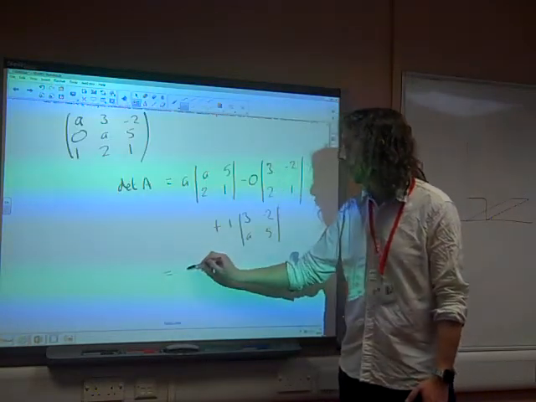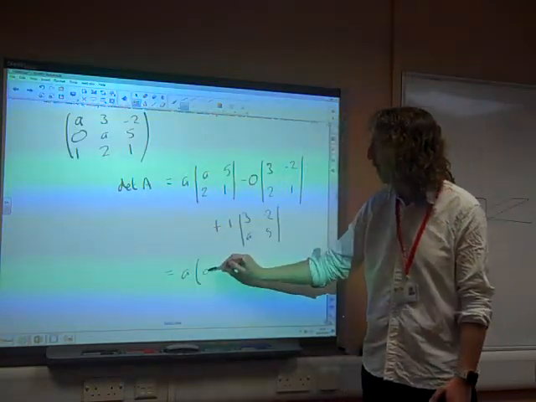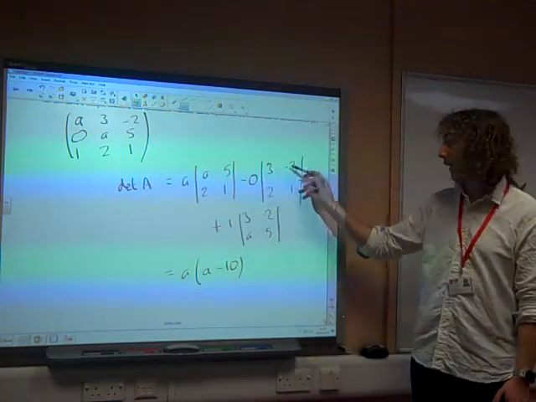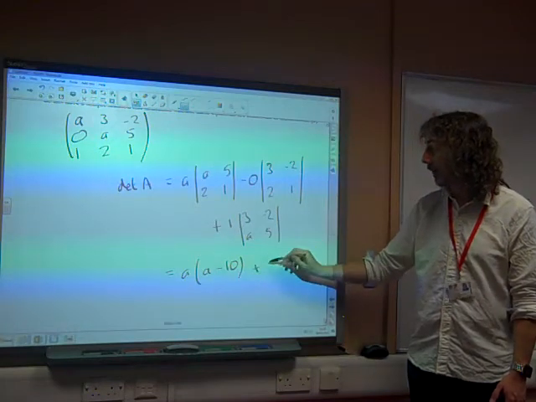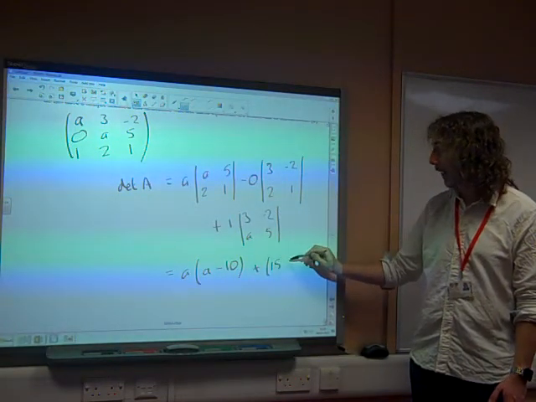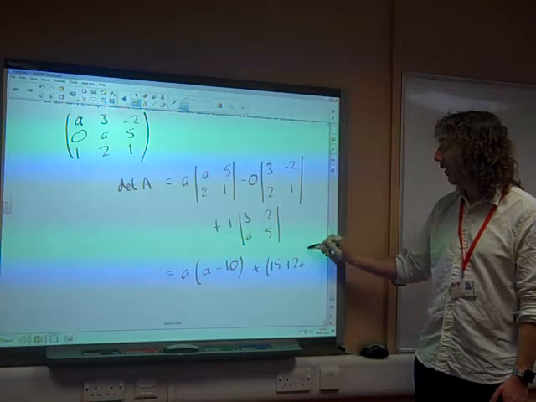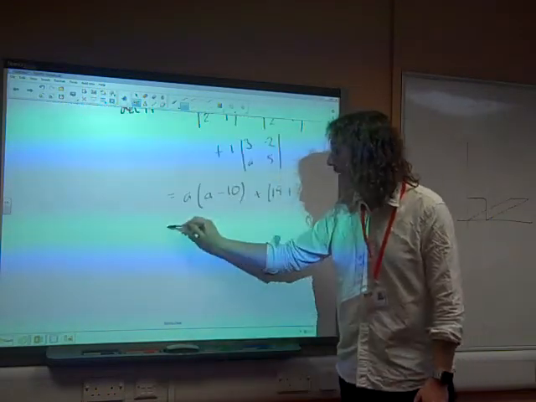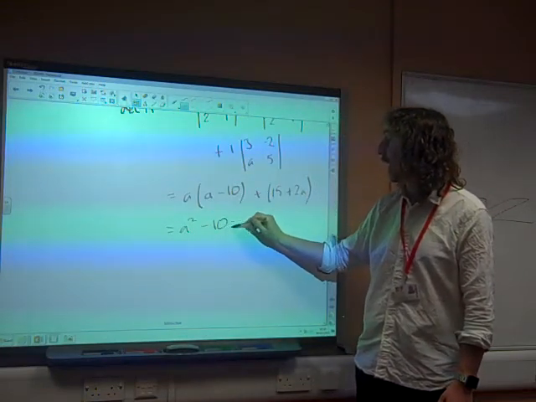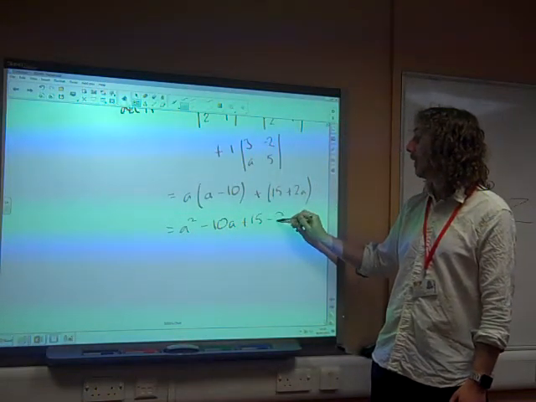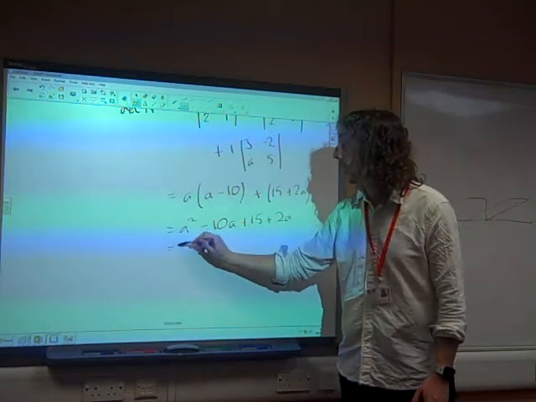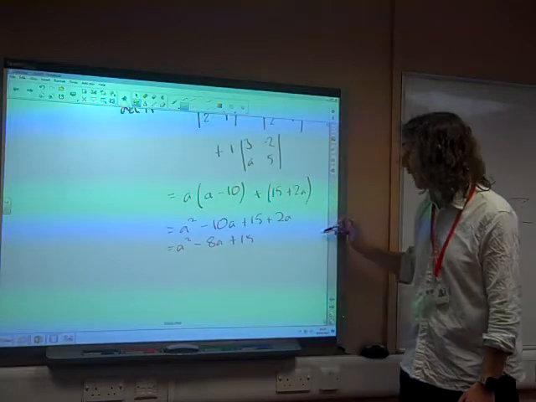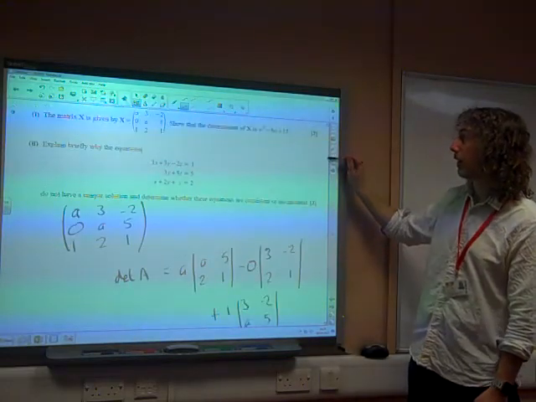Now I'm going to work those out, so that's a times a minus 10. This is just 0, because it's 0 times whatever that would give us, plus 1 times 15 minus minus 2a. So we have 15 minus 2a there. If we pull things together, we've got a squared minus 10a plus 15 plus 2a, which is what we were supposed to get. That's right, isn't it? a squared minus 8a plus 15.